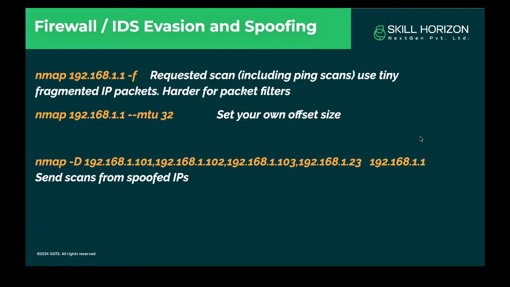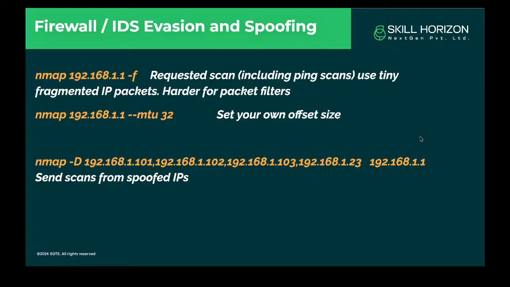There is one more option you can use, which is --mtu, maximum transmission unit. You can basically set your own offset size, like the packet size. Right now I use 32, but you can decrease it or increase it. Now the option -D is used for decoy purposes.